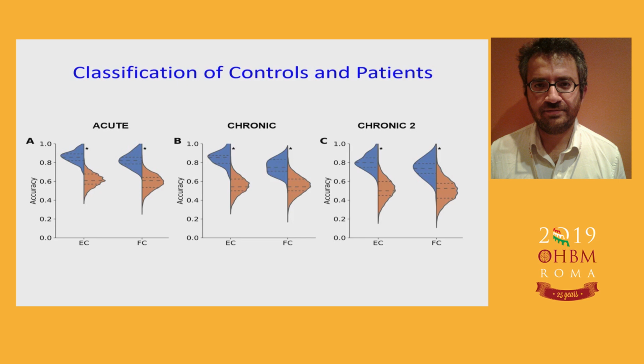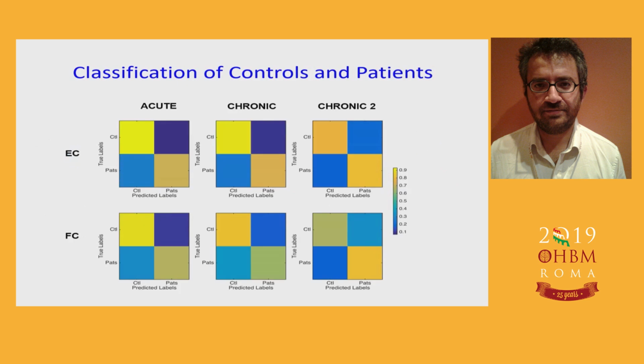And in orange is the chance level accuracy. And as you can see, both EC and FC showed significant accuracy in classifying or diagnosing patients from controls. However, EC did a slightly better job, as you can see here in the confusion matrices, where in chronic and chronic 2 phase, it distinguished controls from patients slightly better than the FC.